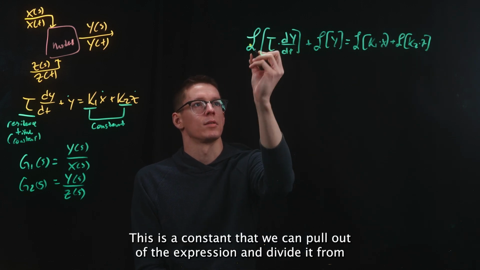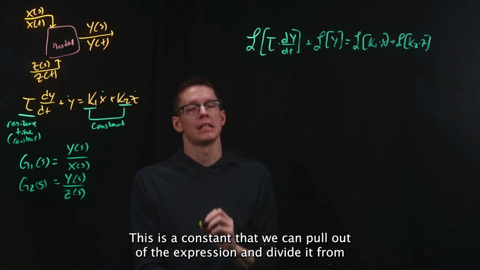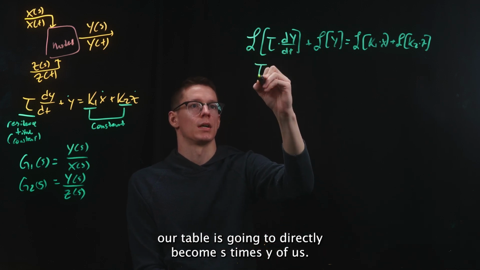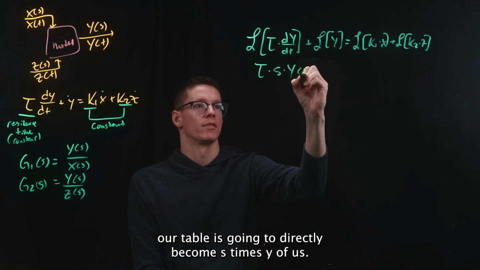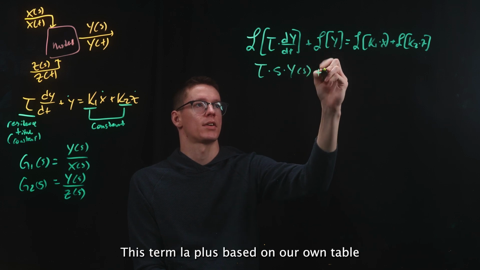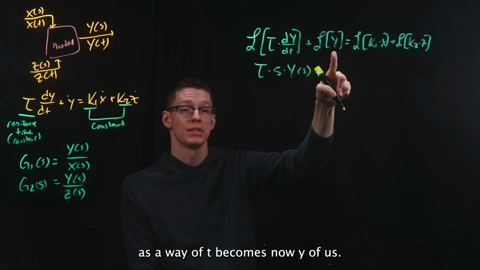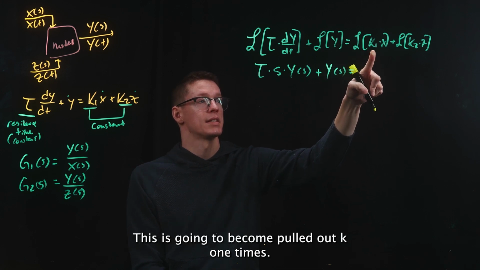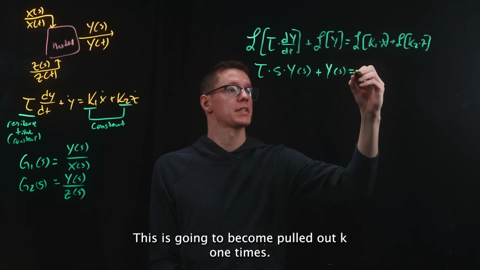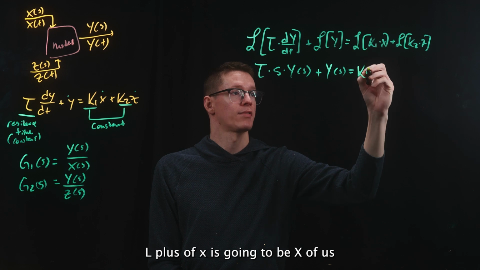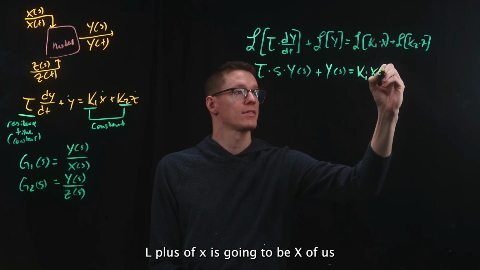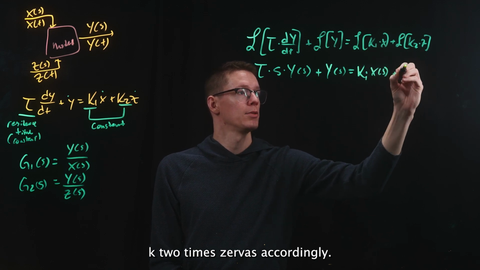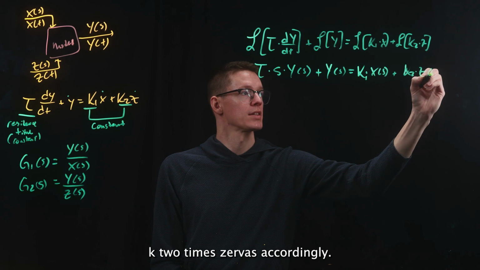This is a constant that we can pull out of the expression, and dy/dt from our table is going to directly become s times Y of s. This term, Laplace of y of t based on our table, becomes now Y of s. K1 times the Laplace of x is going to be X of s, k2 times Z of s accordingly.